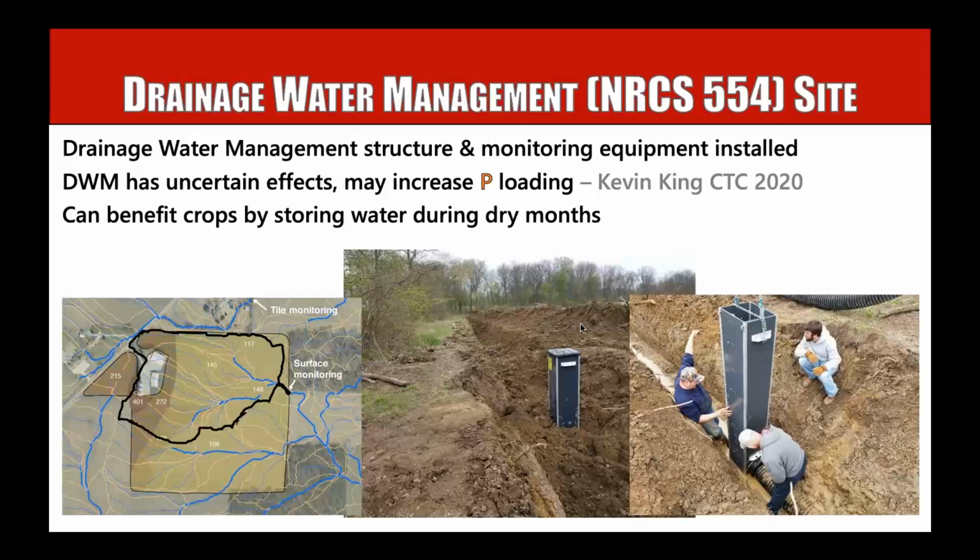So what could be happening here is while we're backing up the water in the tiles and holding that phosphorus back, there could be more surface runoff coming off that field and more phosphorus leaving from the surface. So it's really important that we get more of these drainage water management systems installed and monitored so we can try to answer those unknowns about how they work generally, and especially how they work on legacy phosphorus fields.